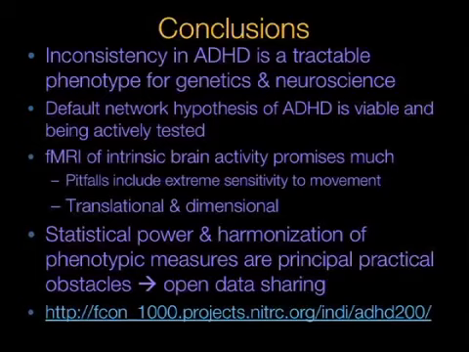The default network hypothesis really is that one of the problems in ADHD is likely to be a faulty interregulation between the default network and these other control networks, and that works most of the time, but sometimes it really fails intermittently, and when that happens, it's kind of a brownout situation, and so there's a lapse of attention. If that happens in math class, you could be in real trouble, because all of a sudden you missed a key concept, and you don't know how to create the intellectual structure that the teacher's hoping that you'll be building inside your own brain.